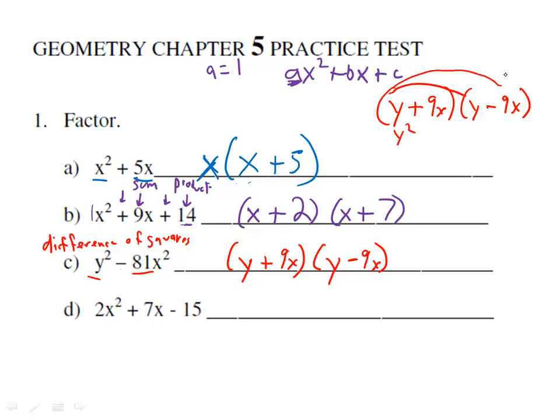On the outside, negative 9xy. Then the inside, positive 9xy. And then the last terms, 9x times negative 9x is negative 81x squared. What happens to your two middle terms? They're opposites. They cancel out. y squared minus 81x squared.